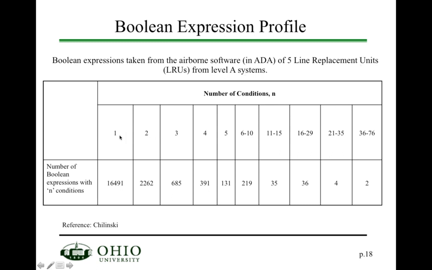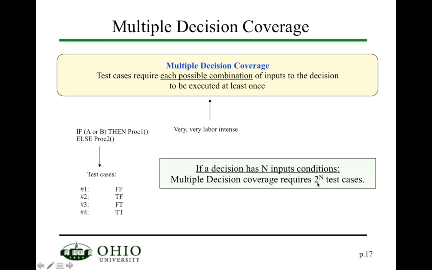Some of these Boolean expressions have between 36 and 76 conditions. That means if you have 36, you need 2 to the power 36 test cases. That's a tremendous amount of work, hugely labor intensive, and hence not recommended.